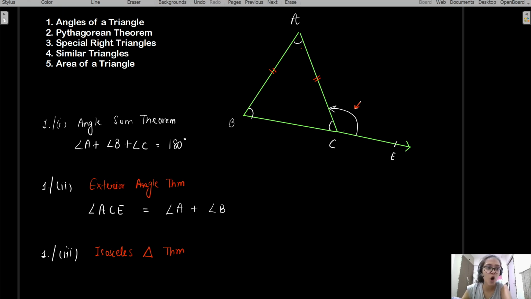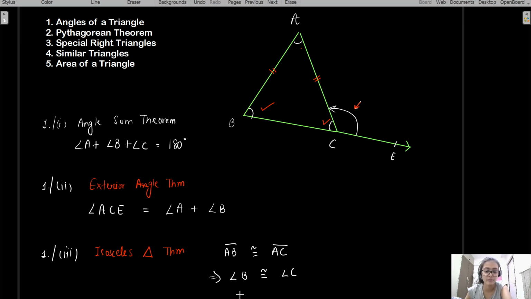So the angles opposite to these two sides are gonna be this angle and this angle. So if your AB is congruent to AC, then that means that angle B is also congruent to angle C. That's your isosceles triangle theorem.